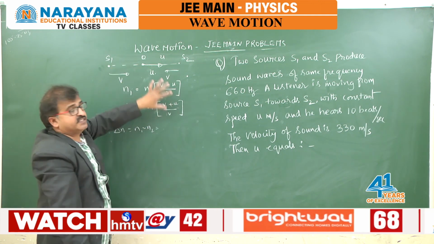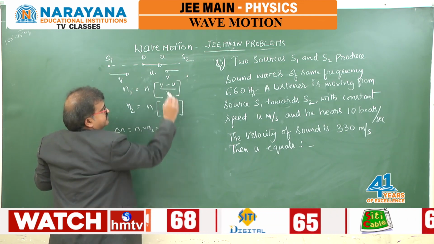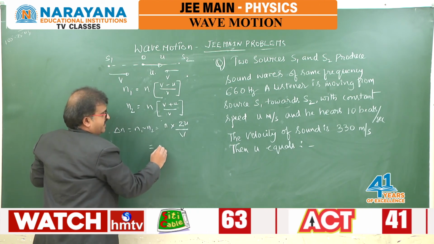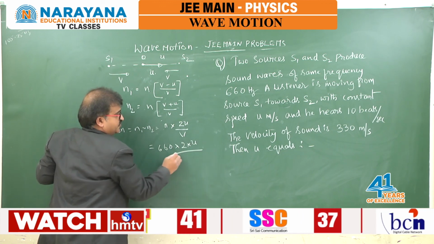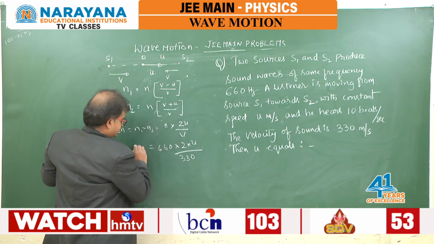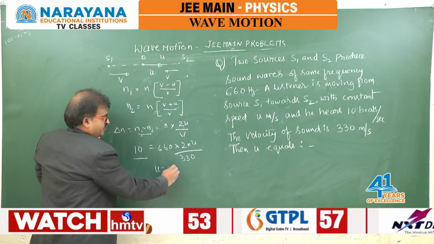If you consider the difference of these two, the V's cancel. So it becomes n into 2u upon V. The n value is given as 660 Hz, twice into u upon V, where V is 330, is equal to 10 beats per second.